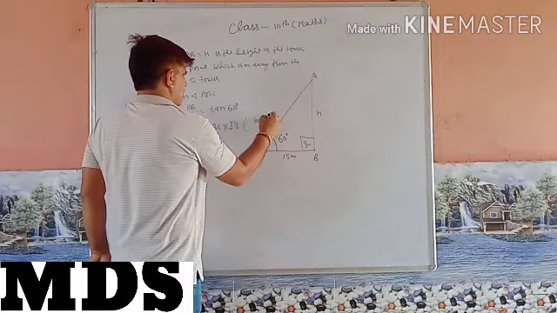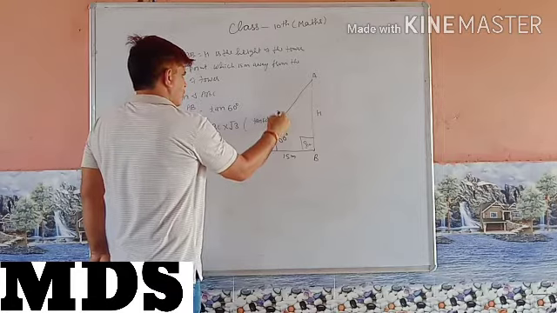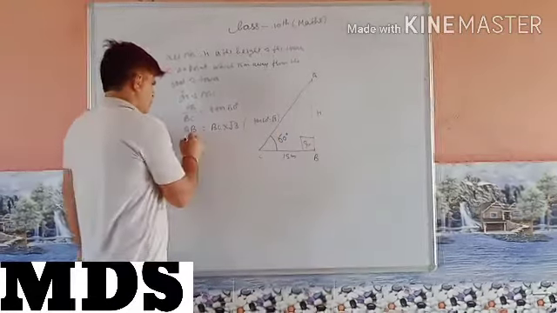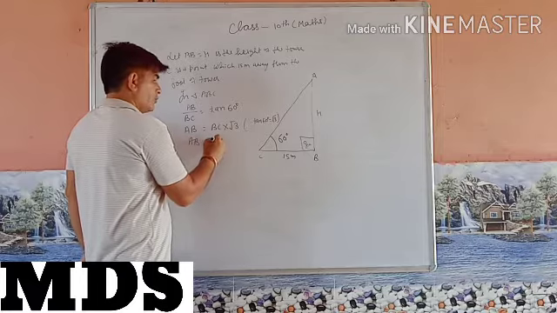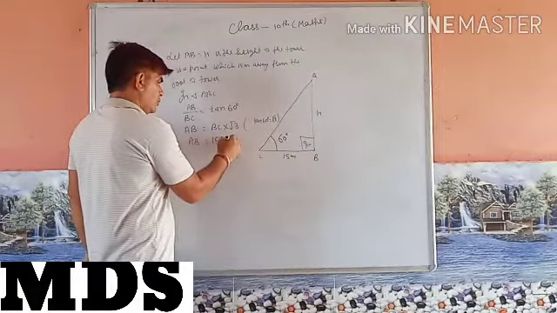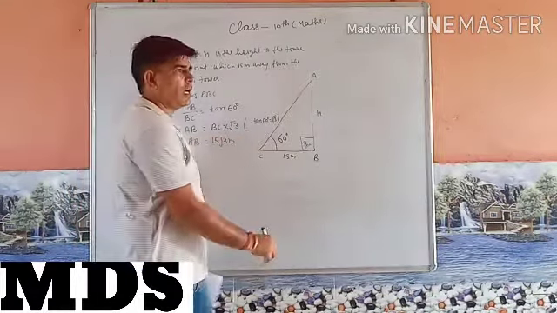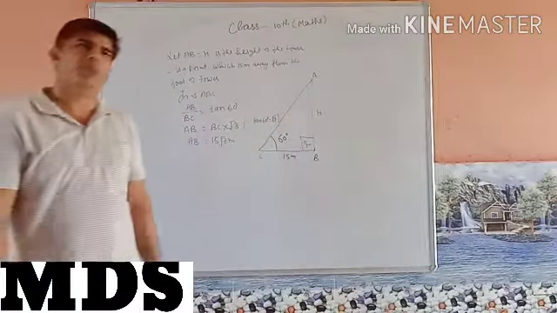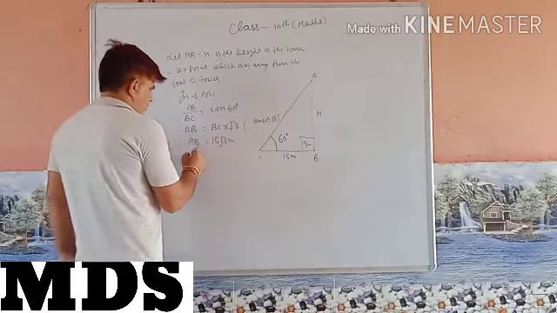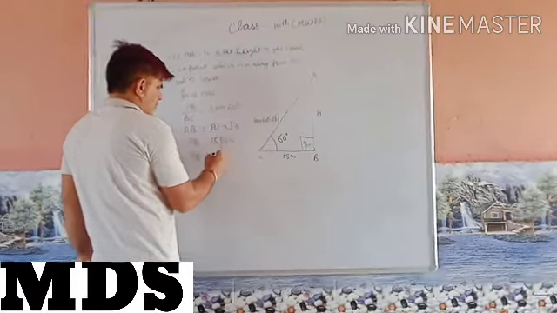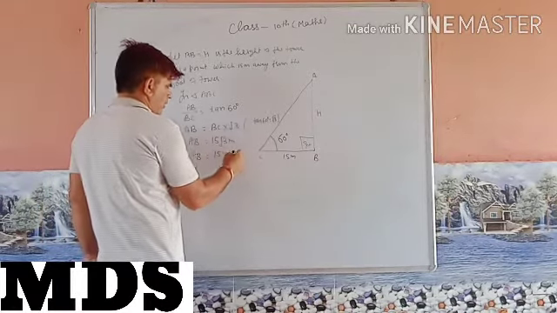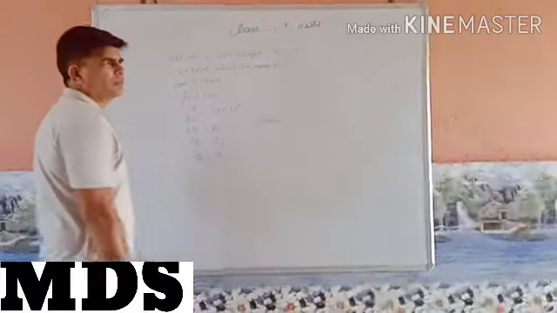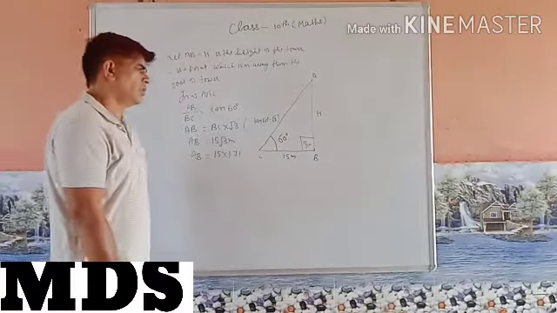Tangent 60 equal to √3. So AB equal to 15√3 meters. So what's the height of this tower? 15√3 meters. If you want to write, put the value of √3, that also is 15 into 1.71 something. Understood or not understood?